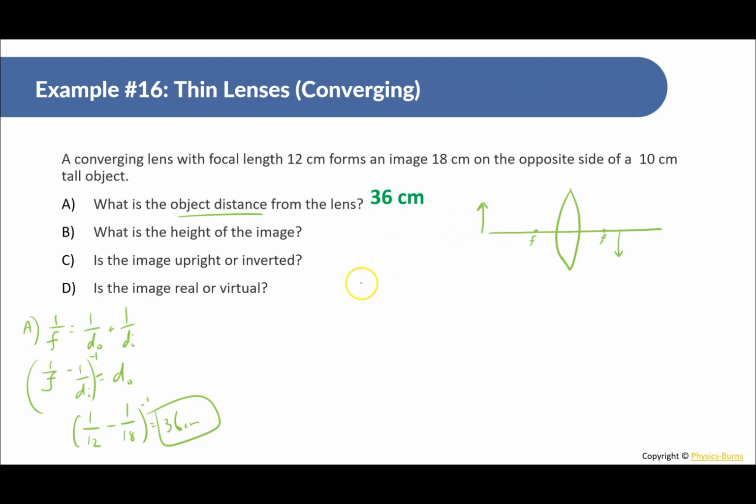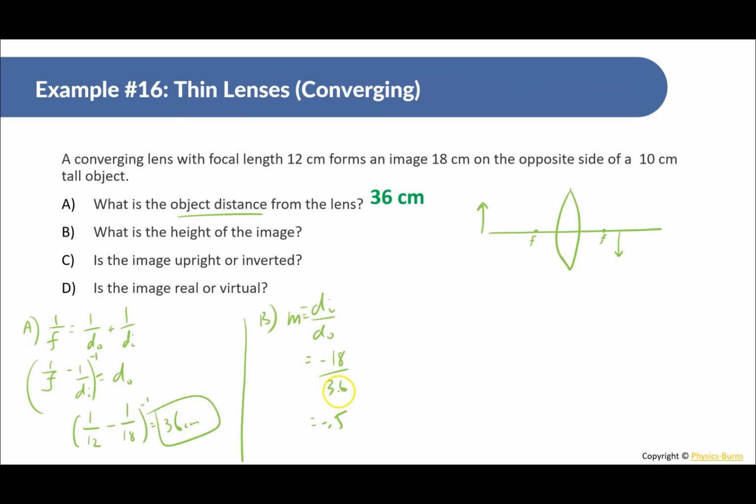So it's something over here. What is the height of the image? Magnification equals negative distance of image divided by distance of object. Negative distance of image is negative 18 divided by distance of object, which is 36. So it's going to be negative 0.5, half the height, and it's inverted.